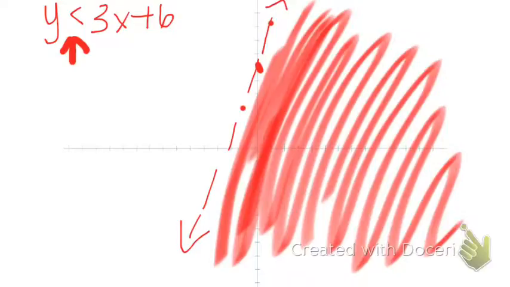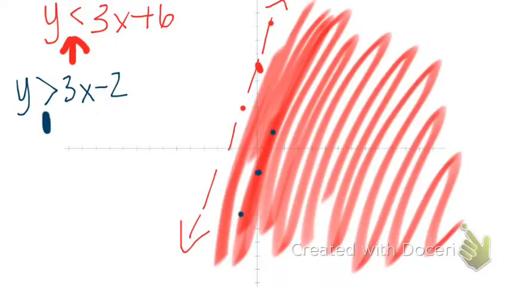Alrighty, so the next one we have y is greater than 3x minus 2. So let's start with that intercept of negative 2. Plot a point at negative 2, which is right here on my screen. Up 3 over 1, down 3, back 1.